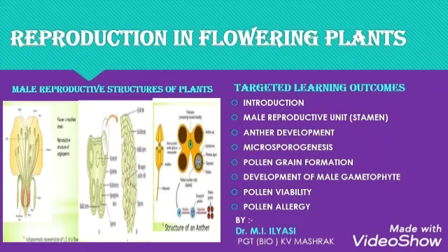Sexual reproduction is the process of development of new organisms from two parents through fusion of male and female gametes. The flower is the main structure concerned with reproduction. The reproductive organs or the sporophylls are produced within the flowers.